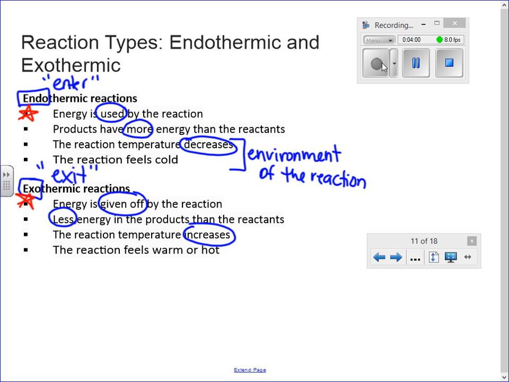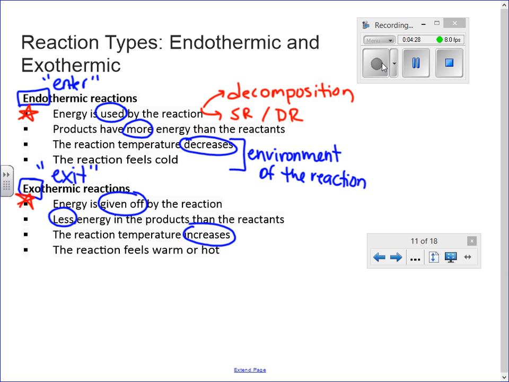And so I'd just like to show you that the categories we already discussed are not mutually exclusive from these two. This is a different way of categorizing reactions. For example, a lot of decomposition and single or double replacement reactions are all actually endothermic reactions.